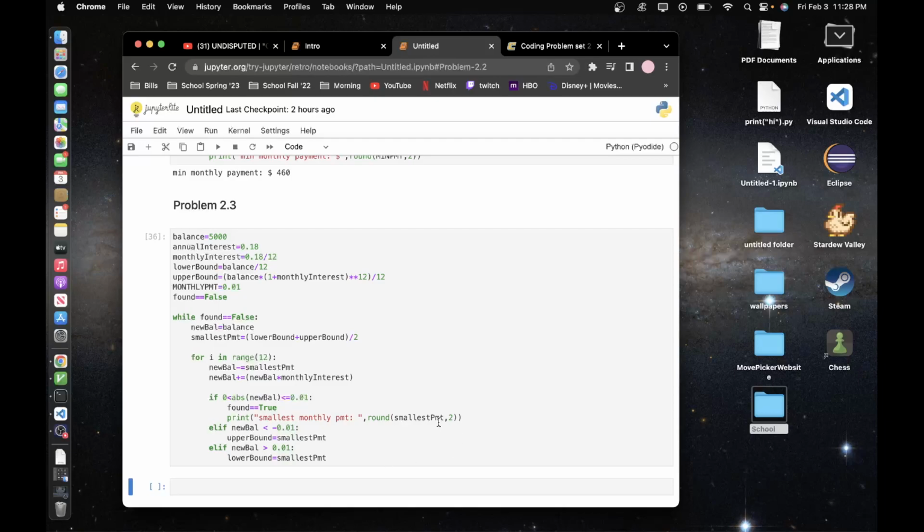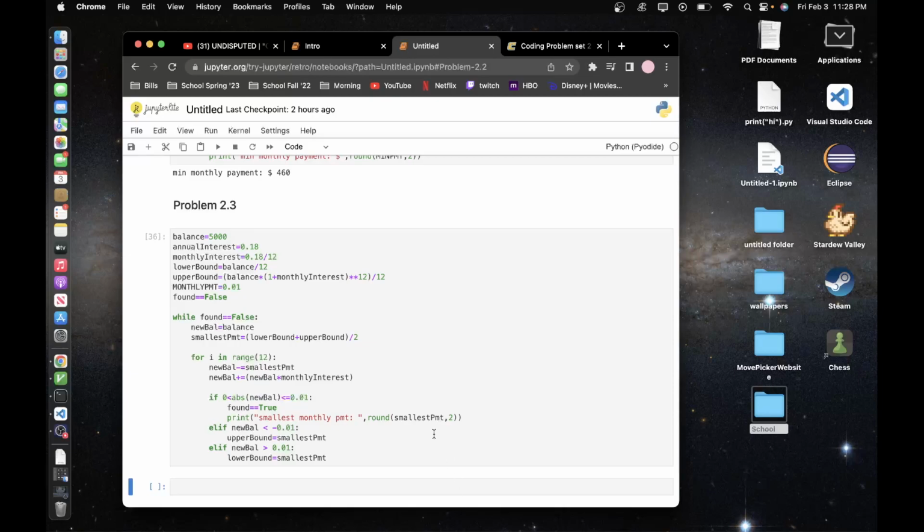Oh, what is this? Not printing. Hmm. Confused.